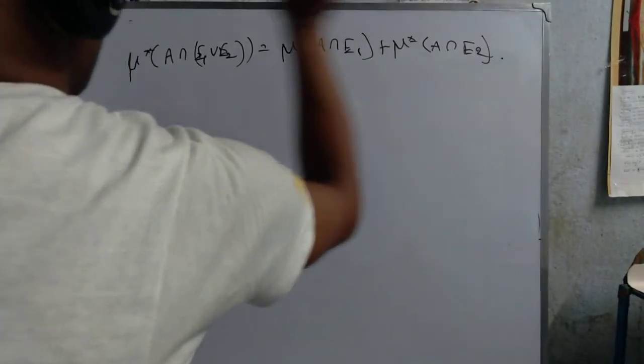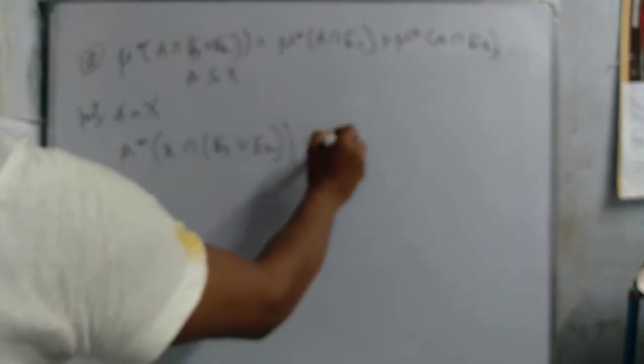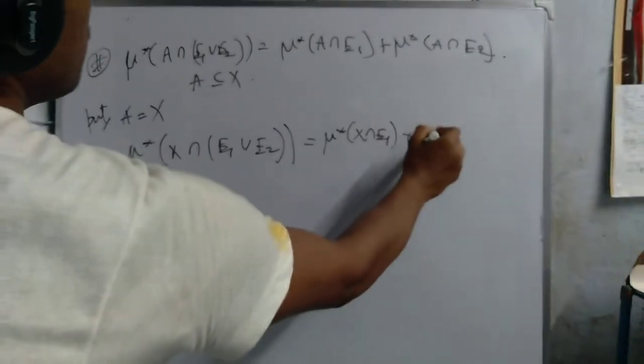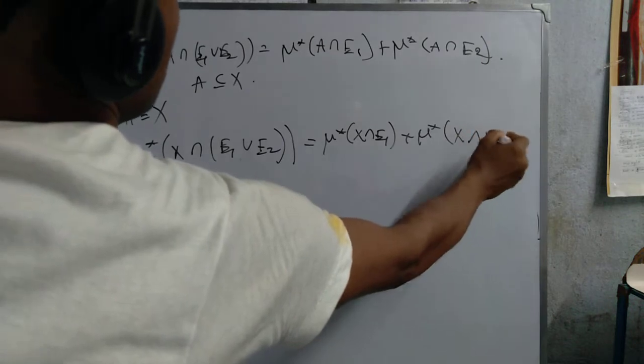One more important result we also get now. A is a subset of X. Now we put A equal to X. If we put A equal to X, then what happens? Then we get A intersection (E1 union E2) equal to mu star of X intersection E1 plus mu star of X intersection E2.